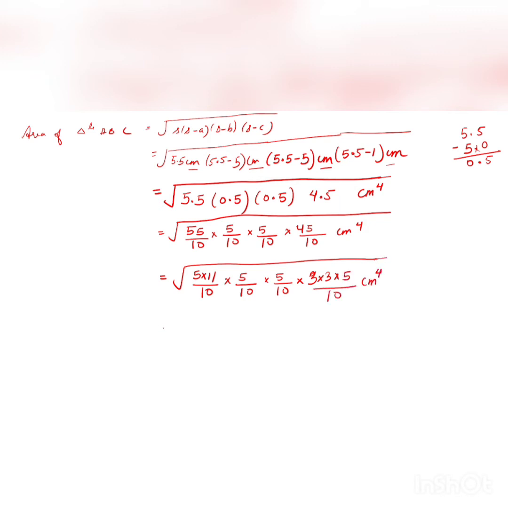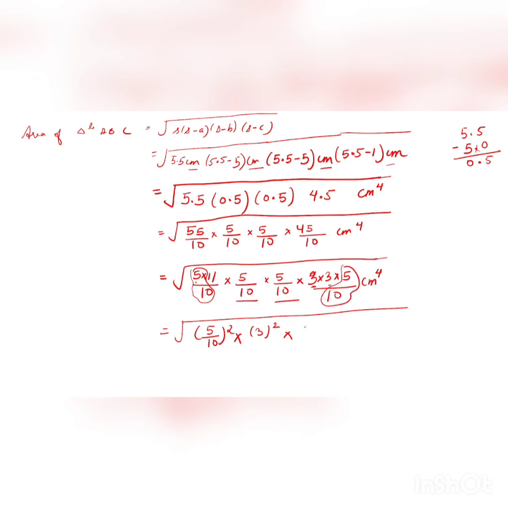Now you look at this. So let's pair them up. Take all the pairs together. So 5 and 5 by 10, can I write it as 5 by 10 the whole thing square into 3 into 3? Can I write it as 3 square into, what is left again? Can I write 5 by 10? You focus on this, 5 by 10, and look at this, 5 by 10.